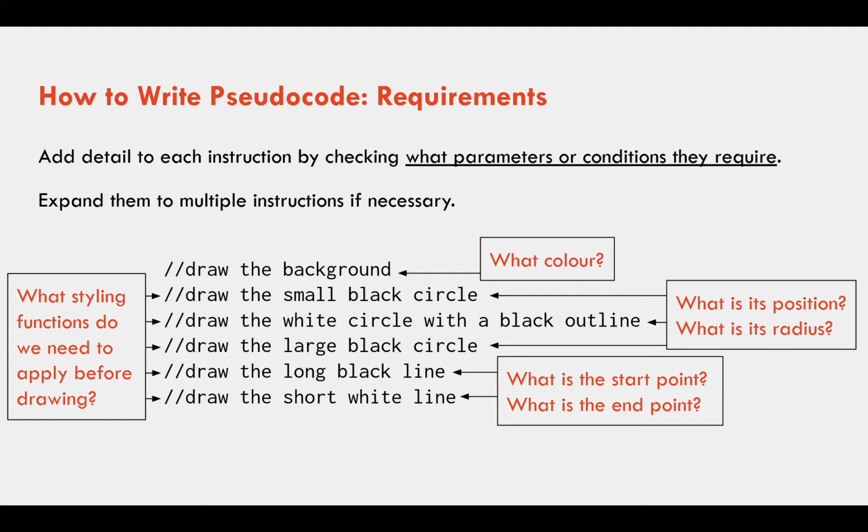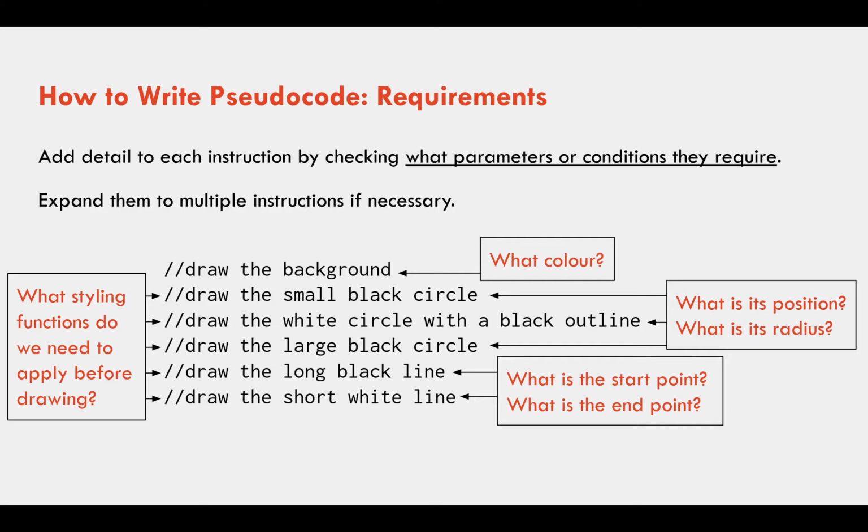So adding detail to each instruction is where we get to the more specifics. We expand these instructions into something that we can turn into code a little bit easier. So we look at these instructions that we've written, and we think about what kind of parameters and conditions they require.